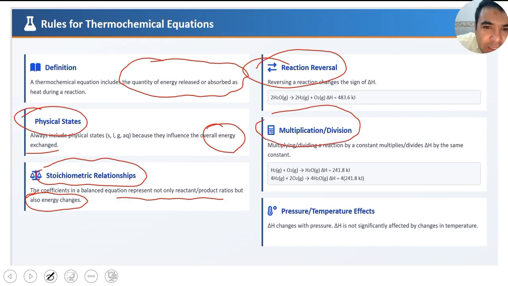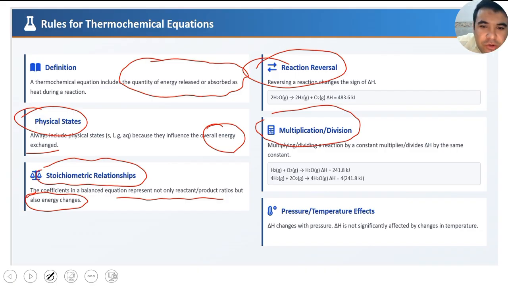Multiplication and division, guys. This works on the coefficients, the moles. As we multiply the reaction by a factor, the enthalpy should be multiplied by the same factor, the same number, the same amount. Or if we divide the reaction by a number, we should divide the whole enthalpy by that number.